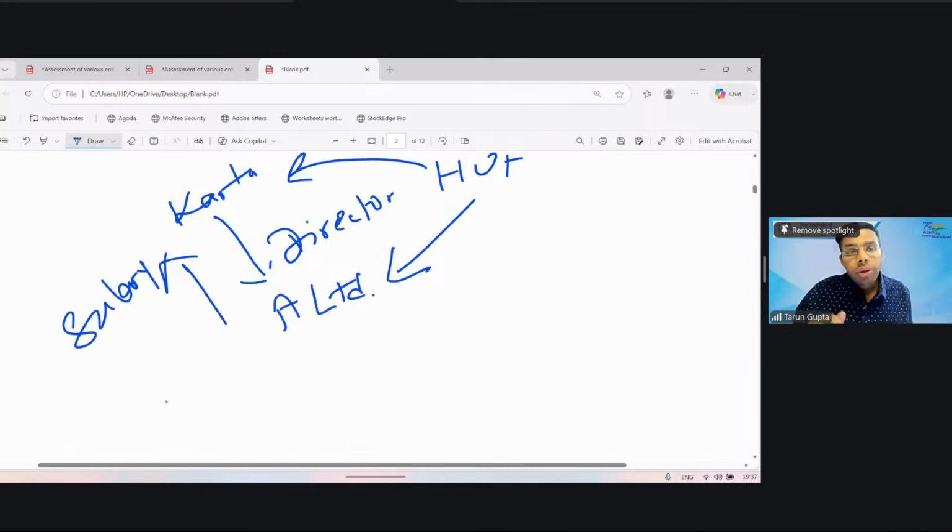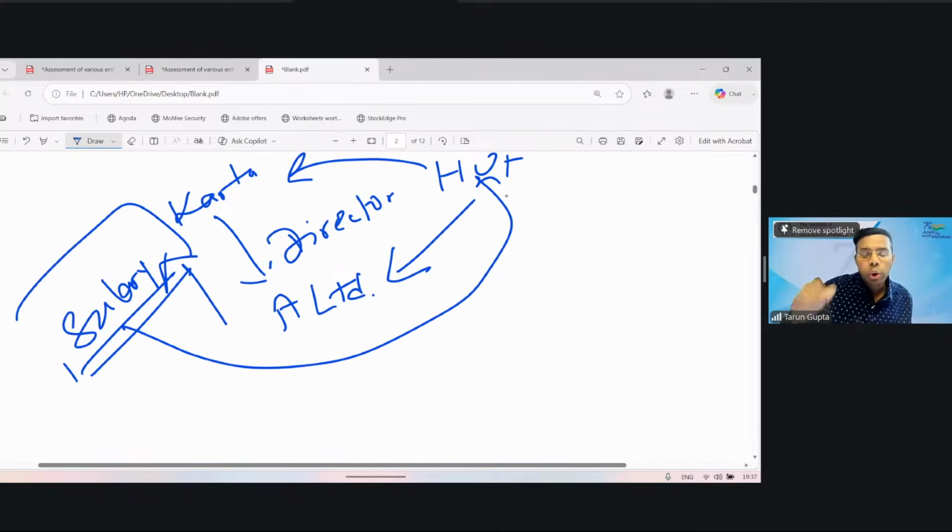Now the law says this salary, though received by the Karta, shall be taxable in the hands of the HUF. Okay. Why? Because the investment in A Limited is made from the funds of the HUF. So it is attributable to the funds of the HUF, and therefore the remuneration which has been paid to the Karta shall be taxable in the hands of the HUF.